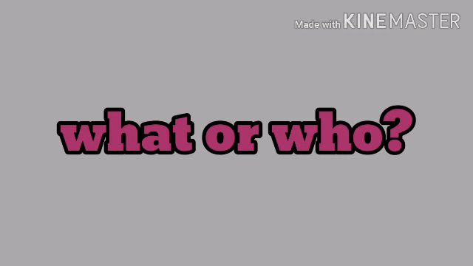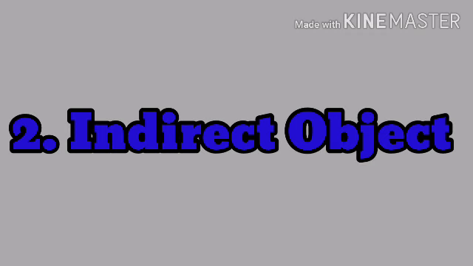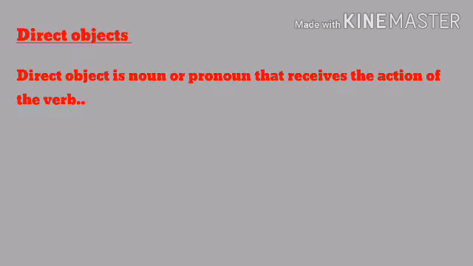There are two types of objects. The first is the direct object and the other one is the indirect object. What is a direct object? A direct object is a noun or pronoun that receives the action of the verb.